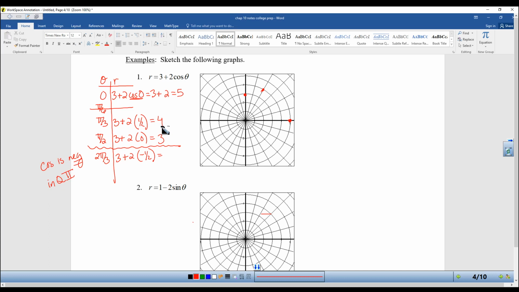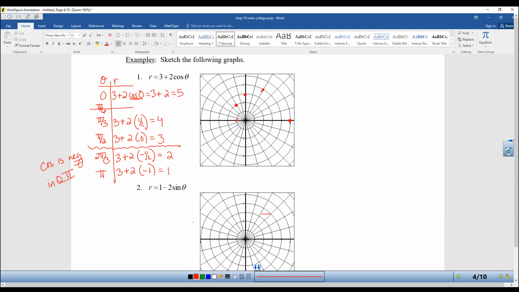It's not that it's negative 4. It's that cosine of 2 pi over 3 is negative 1/2. So this becomes 3 minus 1, which is 2. So at 2 pi over 3, r is 2. And then I can go all the way to pi. Remember that cosine of pi is negative 1, and I get 1. So at pi, I'm going to be down here at 1.